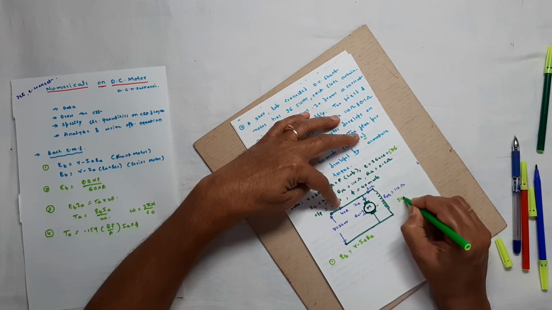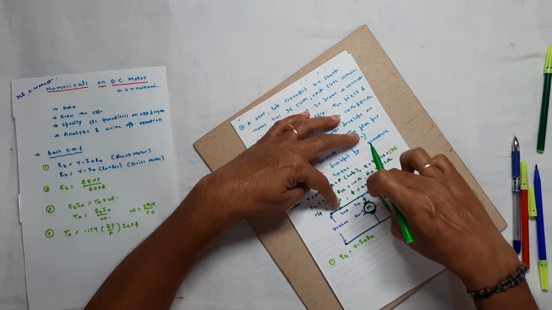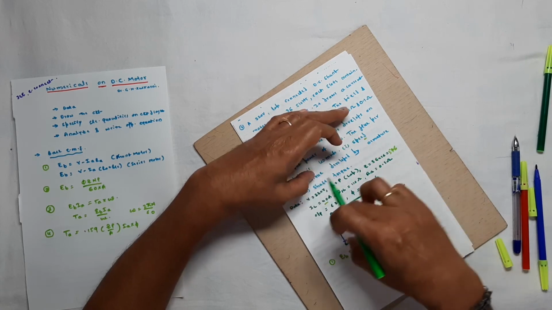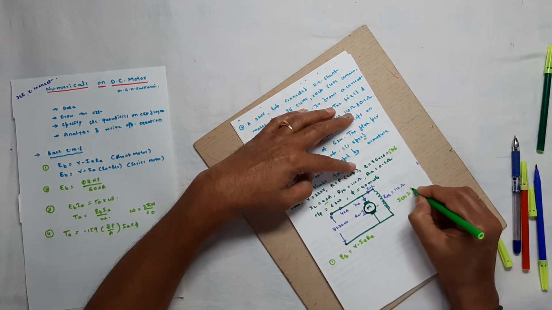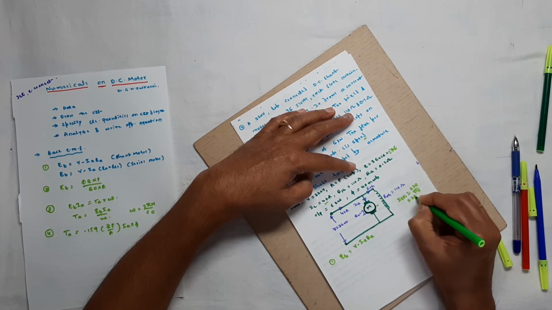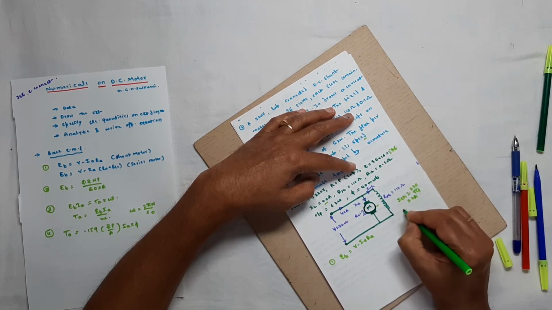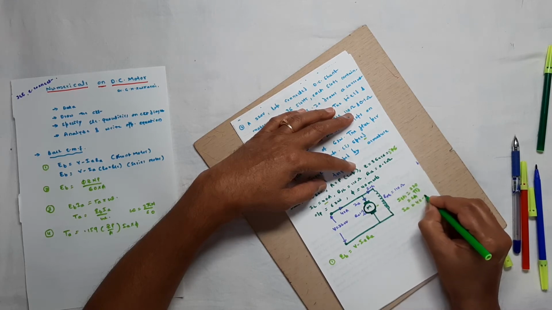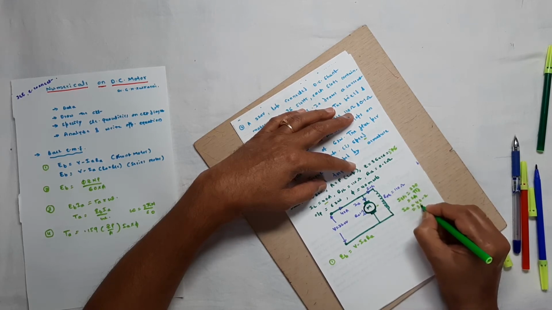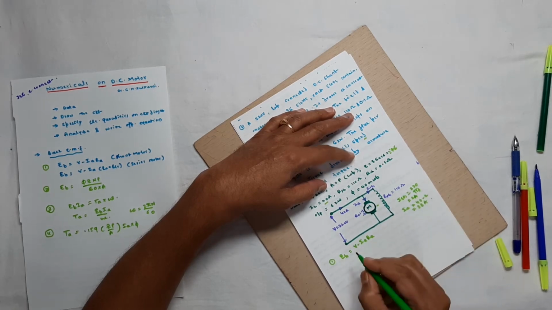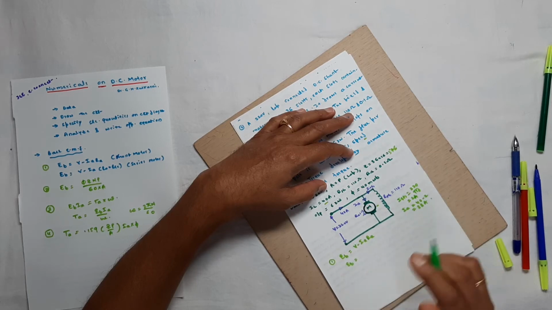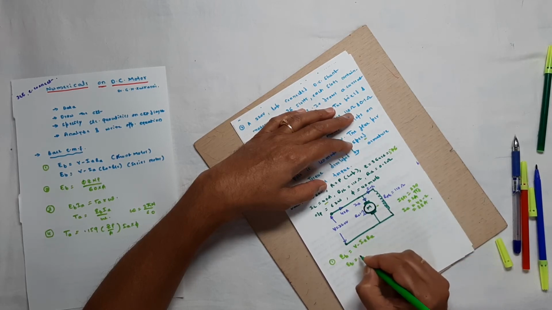Therefore, what is ISH? ISH is voltage across the shunt field divided by resistance. What is the voltage here? It is 220. That is 220 divided by 110, that is equal to 2 amperes. Therefore, what is your IA? IA is 40 minus 2, that is equal to 38 amperes. If you know the value of IA, then you can find out EB.